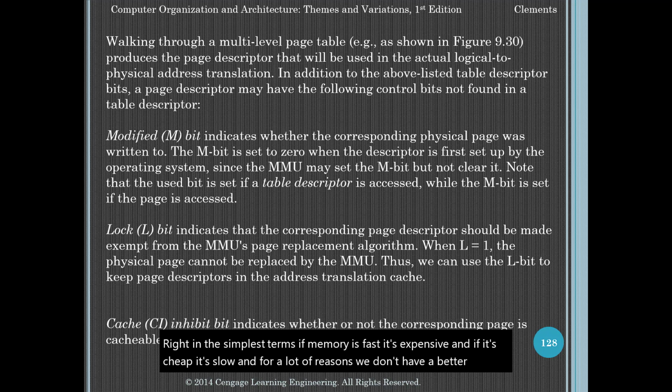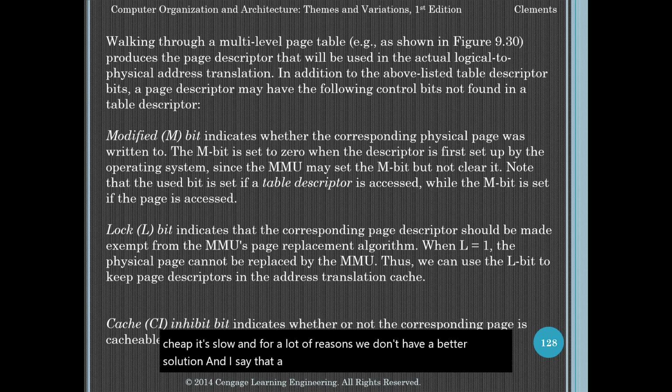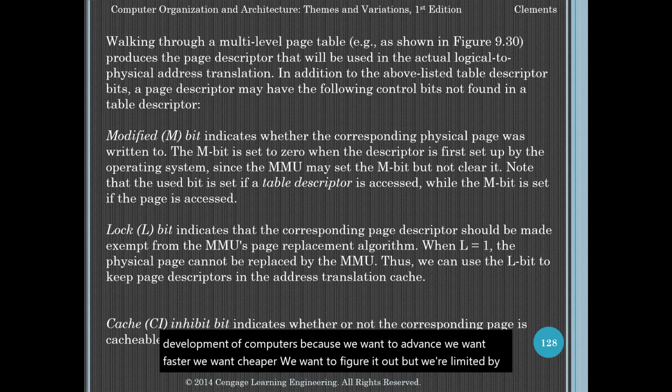And I say that a lot, when we were talking about CPU architecture, we, in many ways, feel inhibited or stuck in our development of computers because we want to advance, we want faster, we want cheaper, we want to figure it out, but we're limited by manufacturing processes and other things.